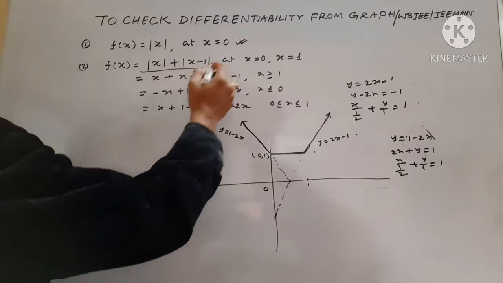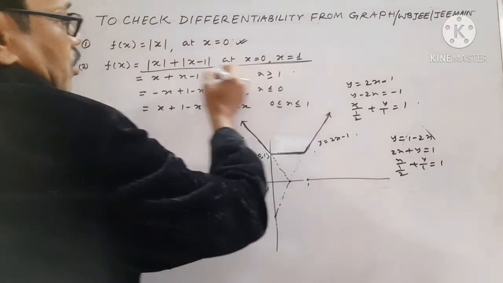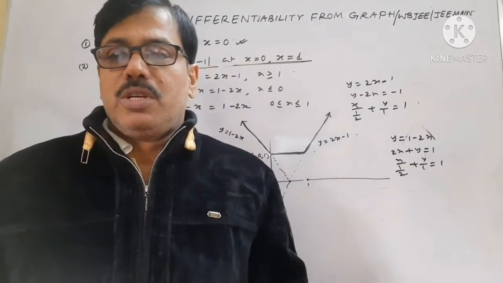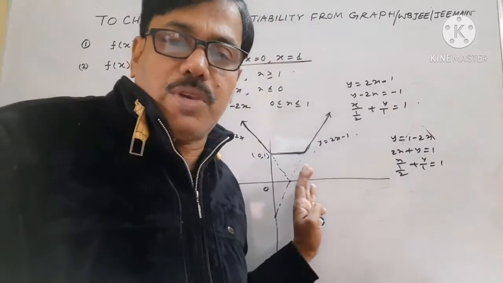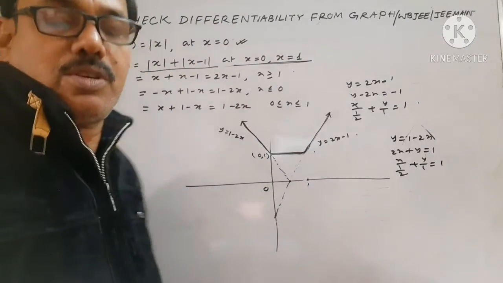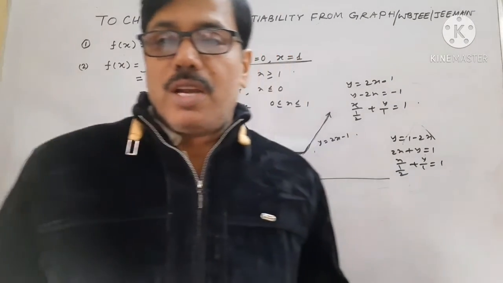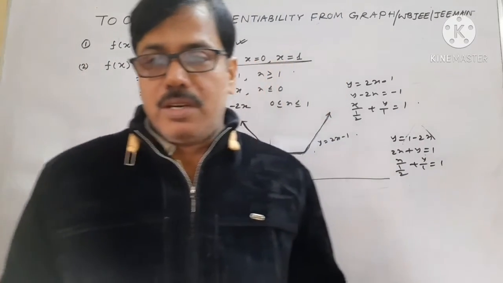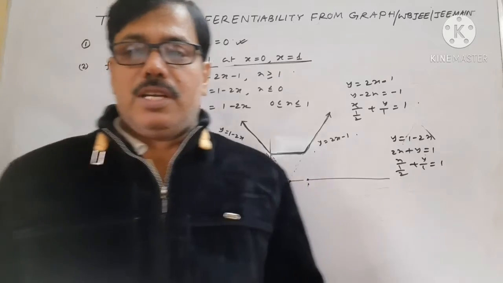So it is not differentiable at x equals 0 and x equals 1. So these are the basic concepts. Now using this concept, we try to solve some problems of JEE Main and WBJEE.